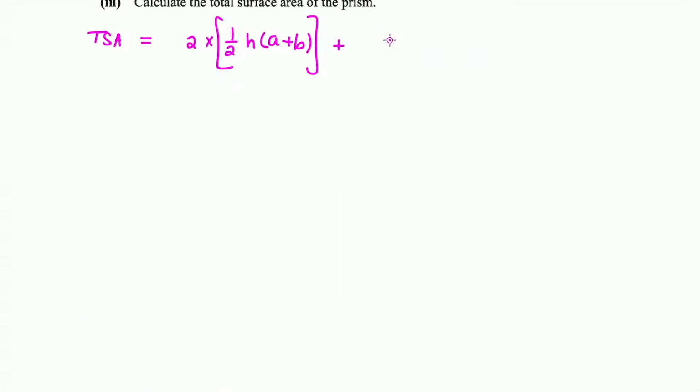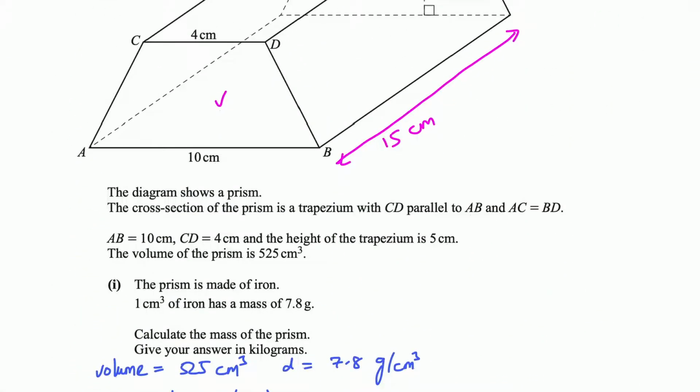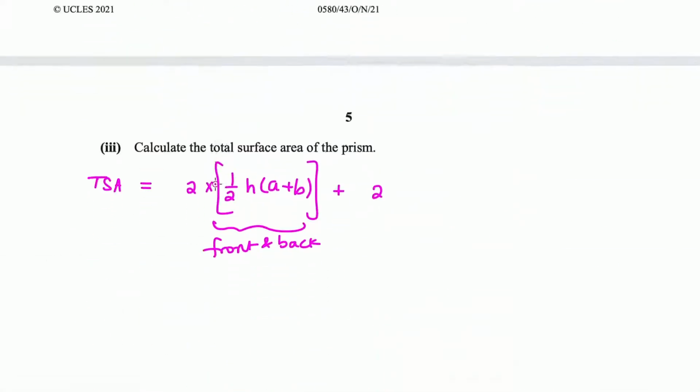So these two are front and the back. And then we will cover 2 into the sides, right? This one and this one. And so it will be BD into 15 centimeters.